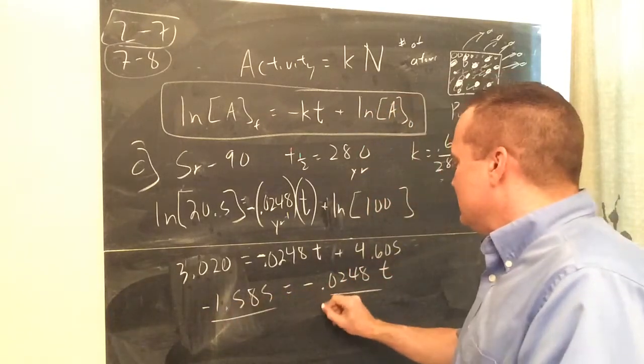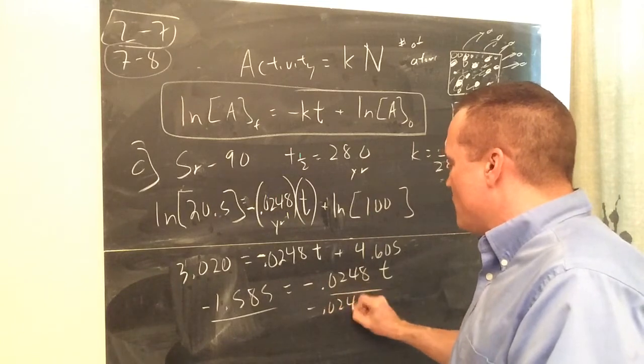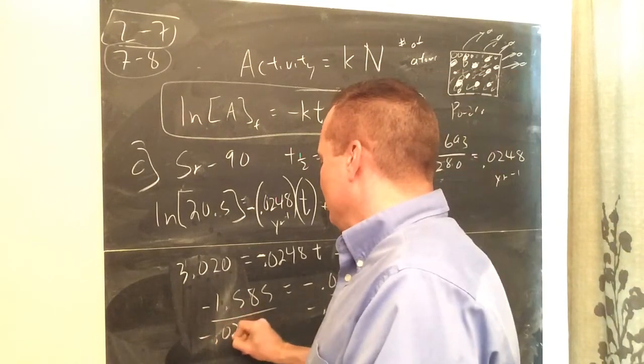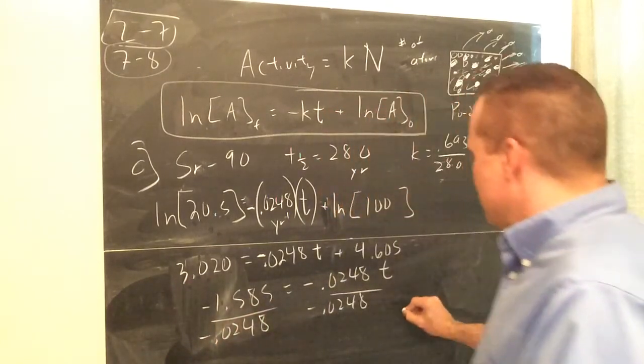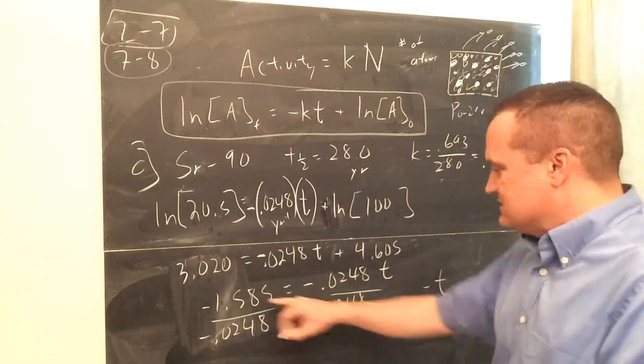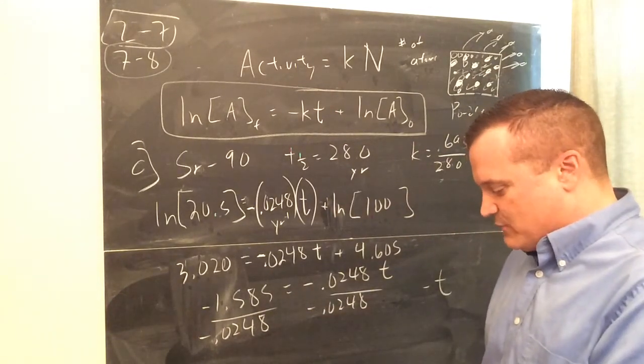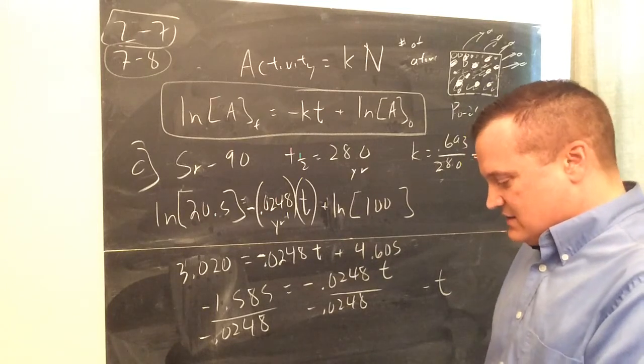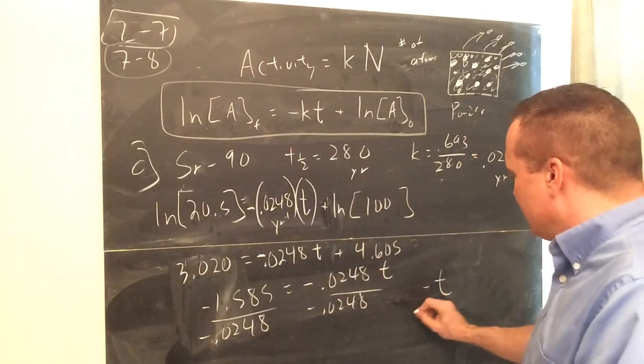Divide both by negative 0.0248. And the time it takes is 1.585 divided by negative 0.0248, 63.9.